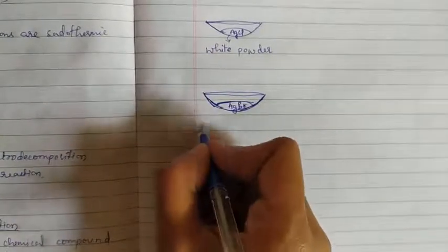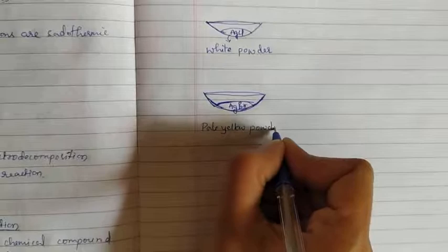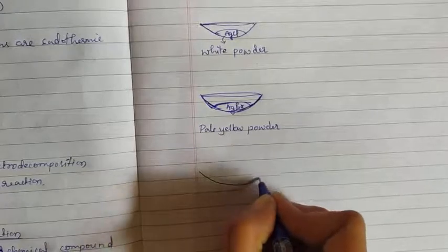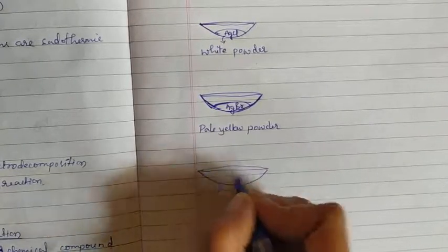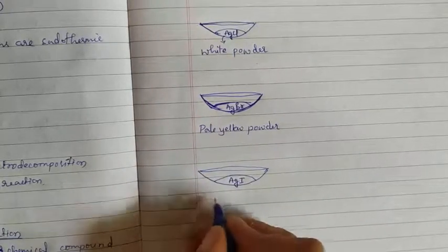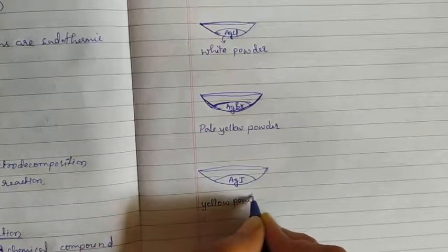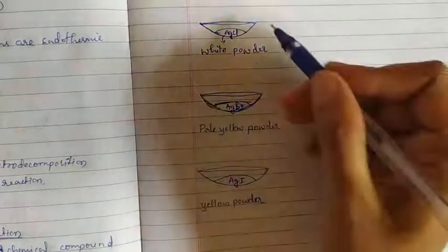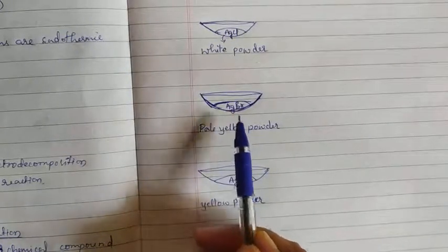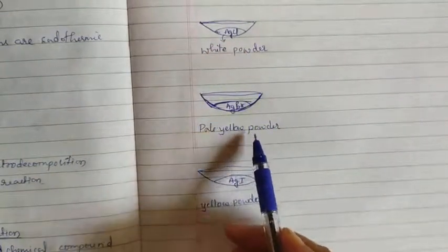Okay, this is a pale yellow powder. In another watch glass I will take silver iodide. Okay, it is a yellow powder. See here, in one watch glass I have taken silver chloride, in another I have taken silver bromide. Actually this silver chloride is a white powder, the silver bromide is a pale yellow powder, and the silver iodide is a yellow powder.